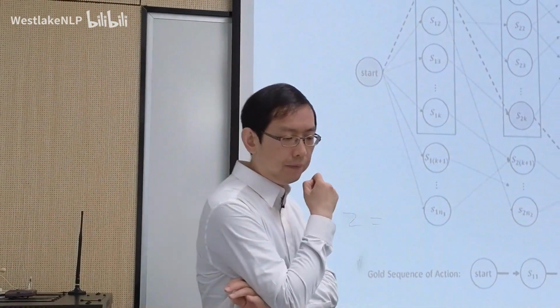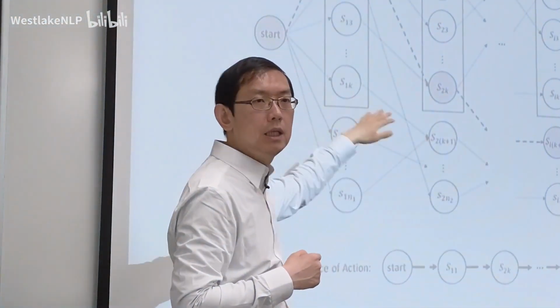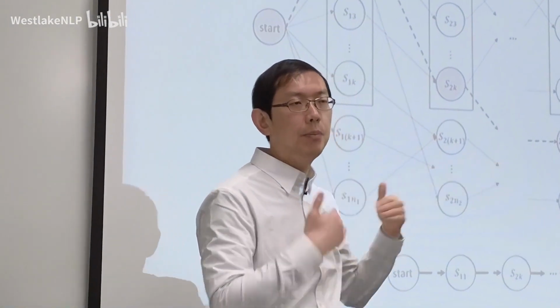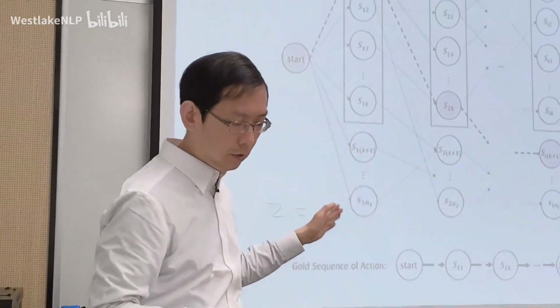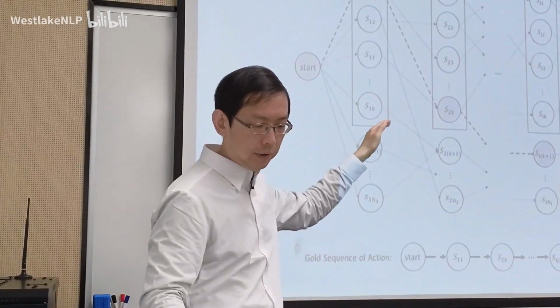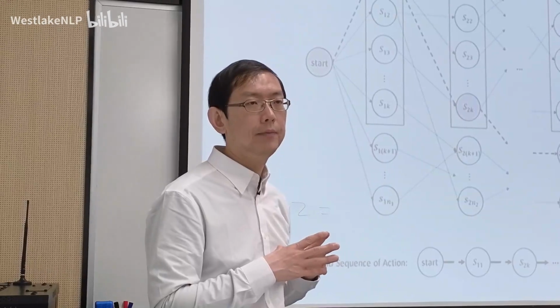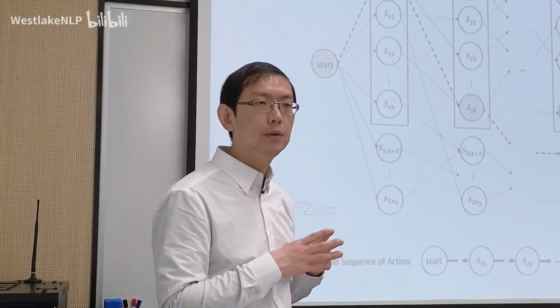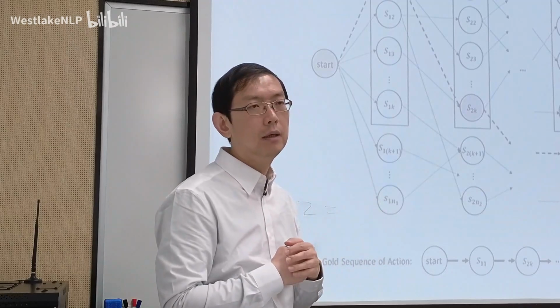If we know the gold sequence here, we could take this action sequence as a positive example. And the highest scored action sequence, which is the top of agenda, as a negative example. We could do a perceptron training step, right?